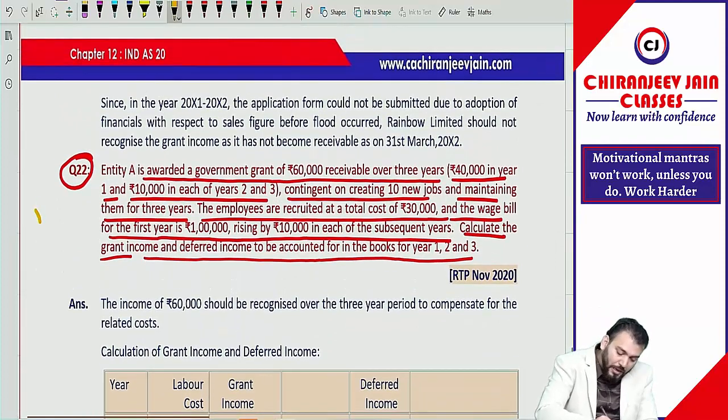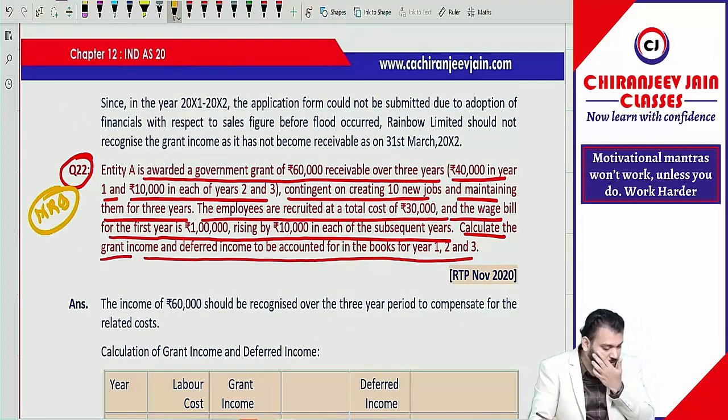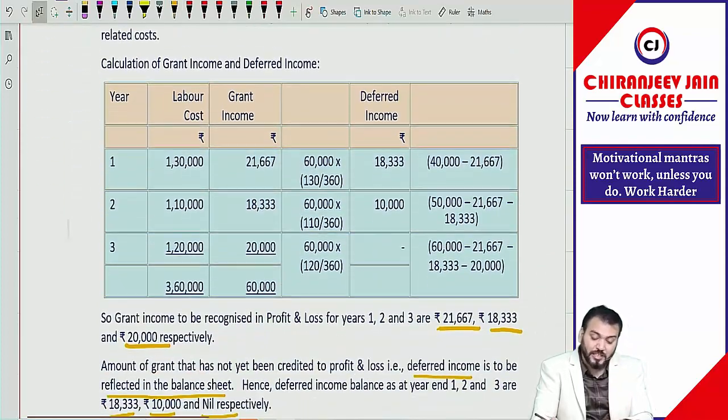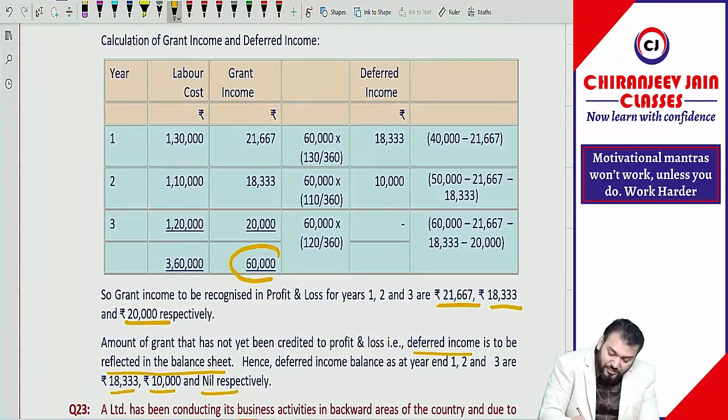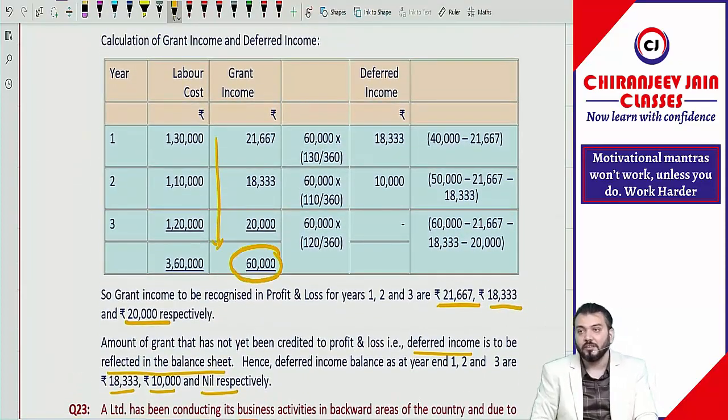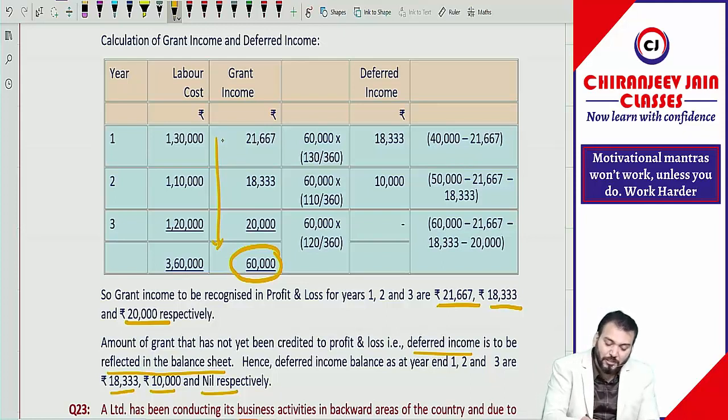Now one doubt is there: why are we amortizing 60,000 over these 3 years? The doubt is that in the first year we should amortize only 40,000.